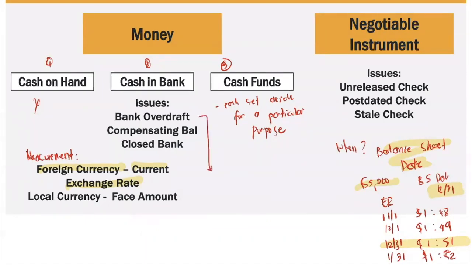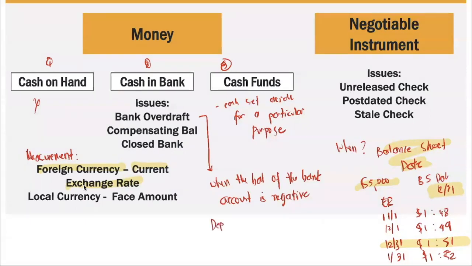What is this bank overdraft? When the balance of the bank account is negative, then we can say it is bank overdrawn. From the word itself, you drew more than your deposits.